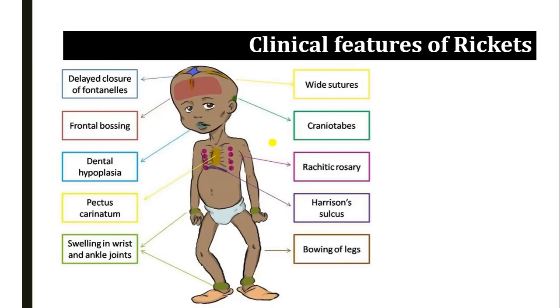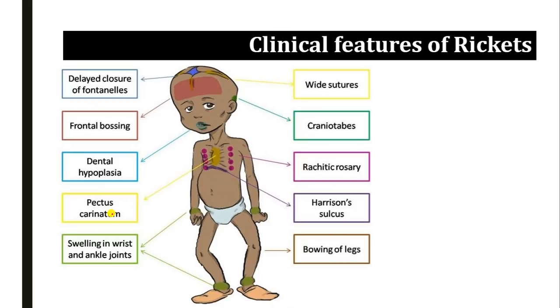So these are the clinical features of rickets usually seen in children suffering from vitamin D deficiency, like delayed closure of fontanelles. As we know, at the time of birth the fontanelles are open and over a period of time they close, but in vitamin D deficiency or rickets, the closure is delayed. There is bowing of the frontal bone, dental hypoplasia, or as I told you, delayed dentition.